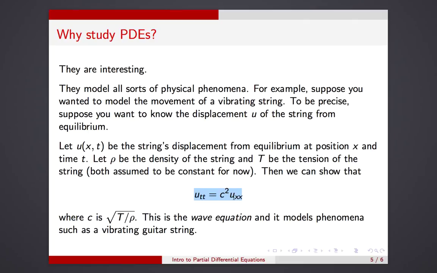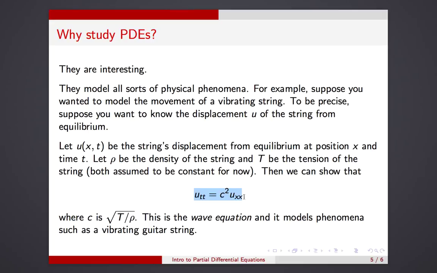Okay, so if you want to know the actual displacement function, you want to actually know where things are on the string, you first need to solve this equation. If you solve this equation, you'll have to know some additional data like where the string starts. Does it start at equilibrium, does it start already raised off equilibrium, or whatever.